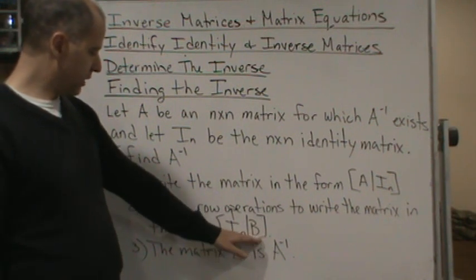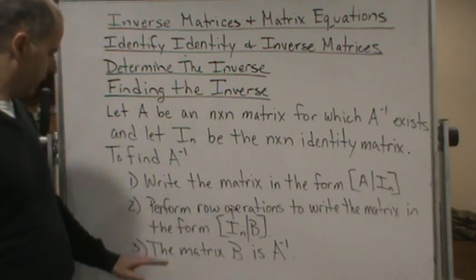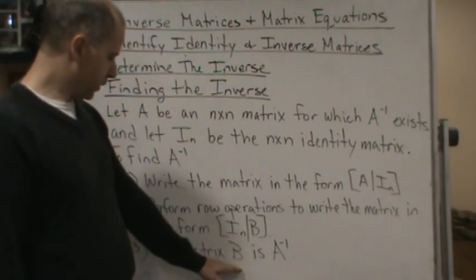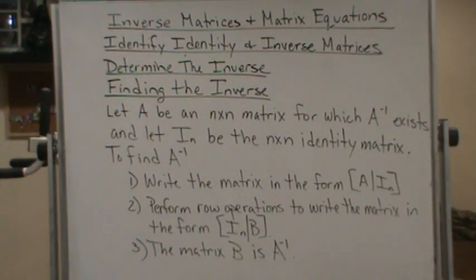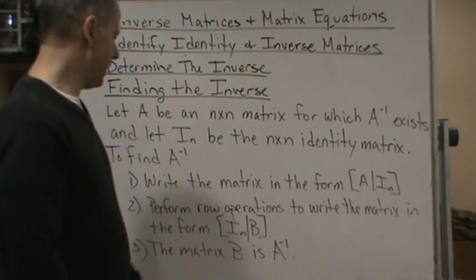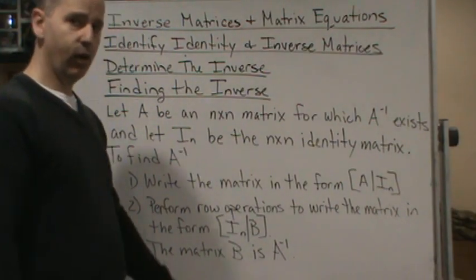And when you reach this point, then you know that the matrix B is the A inverse. It is the inverse of A. And that's it.